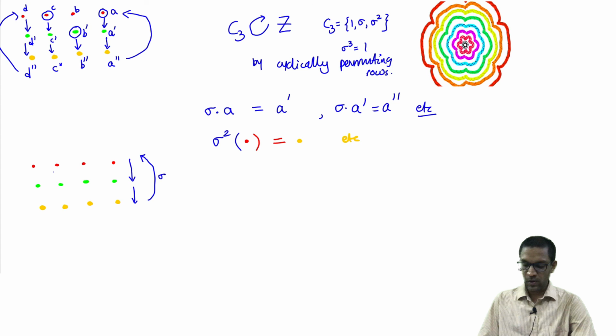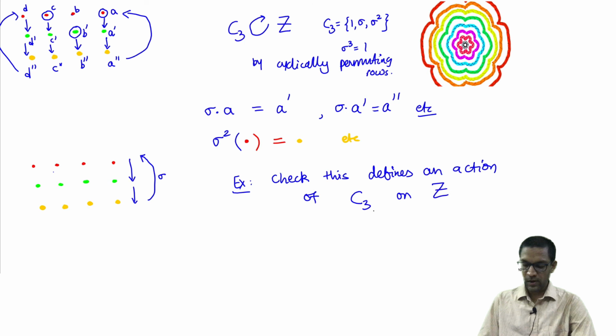Okay, so this is the action of sigma. Now again, exercise: check that this defines an action of the group G, in this case C3, on the set Z, which is this set of 12 dots.